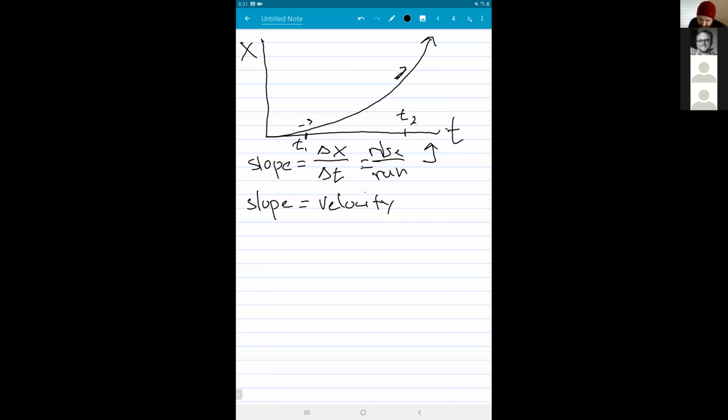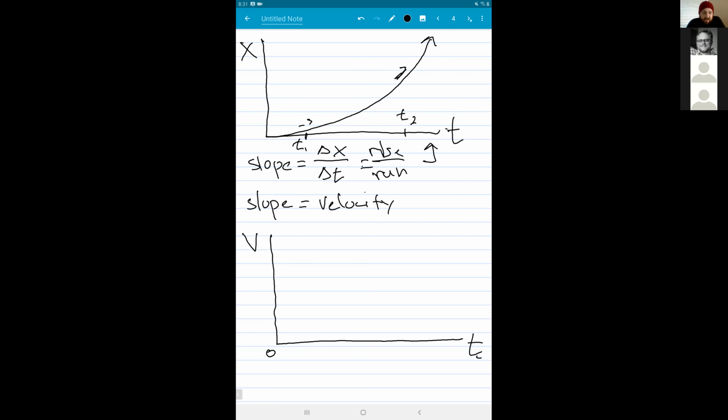Let's look at the graph of this thing's velocity over time. Once again, this is just the cart that we started from rest and let go, and it's starting to accelerate down the track, right? So again, this thing started from 0 velocity, and so this is going to start from 0 down here in the bottom left corner.